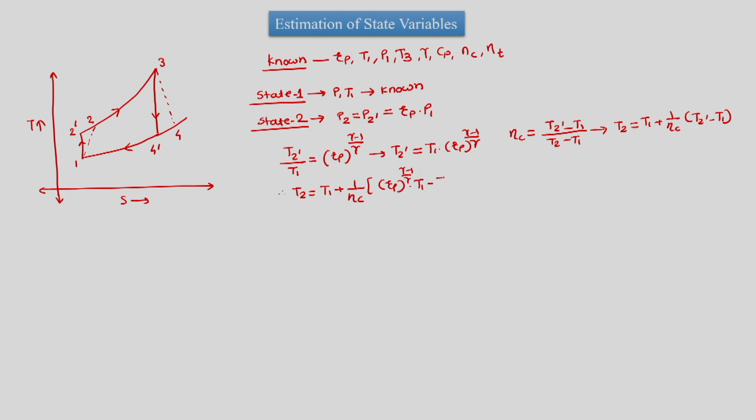So T1 can be taken common, and it becomes T2 equals T1 into 1 plus 1 upon compressor efficiency into Rp raised to gamma minus 1 upon gamma minus 1. So this is how we can estimate temperature at the end of the compression and also pressure at the end of the compression.